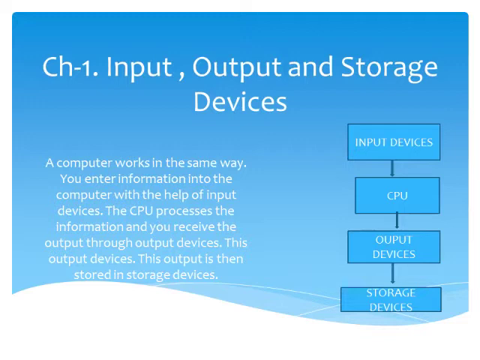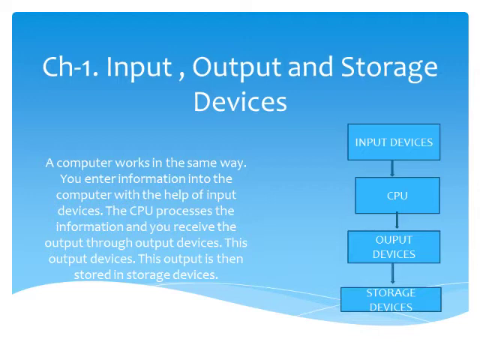We all know you enter information into the computer with the help of input devices. So by input devices we can enter information into the computer, either it is mouse, keyboard, like that. These are called input devices. The CPU processes the information and you receive the output through output devices.